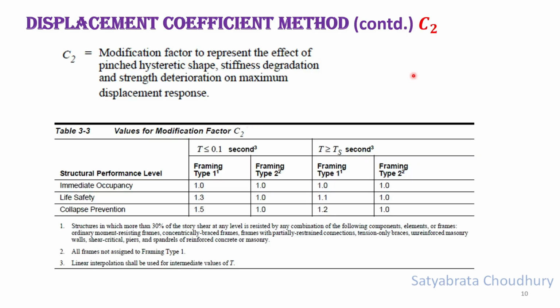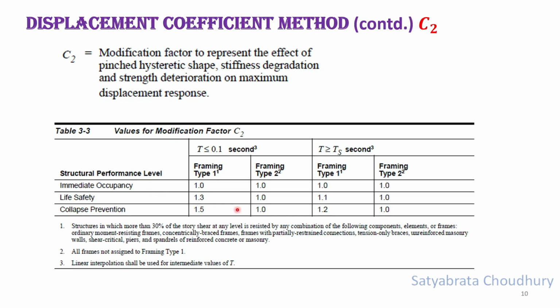Now let us see the modification factor C2. C2 is the modification factor to represent the effect of pinched hysteresis shape, stiffness degradation and strength deterioration on maximum displacement response. Pinched hysteresis means the hysteresis curve is not smooth but has kinks in some places.